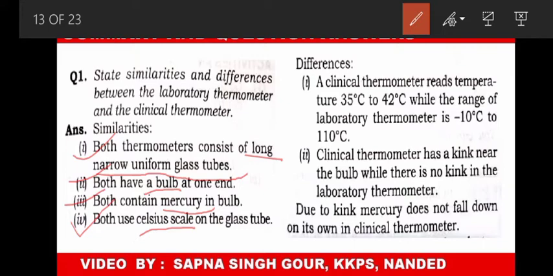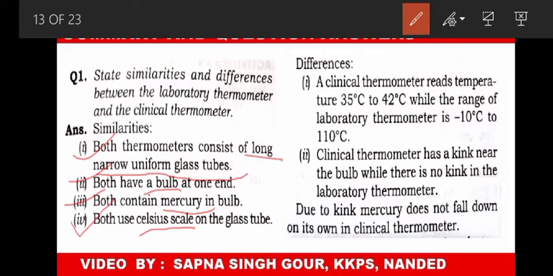The first difference is a clinical thermometer reads temperature 35 degrees Celsius to 42 degrees Celsius. This is the range of clinical thermometer. While the range of laboratory thermometer is minus 10 degrees Celsius to 110 degrees Celsius.